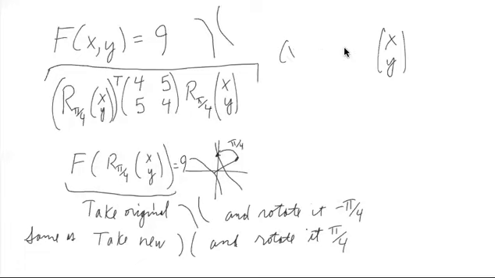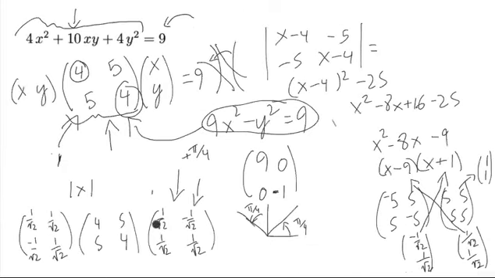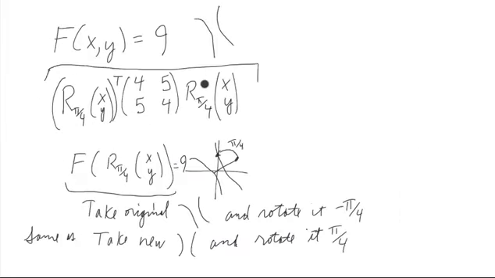Now what we're doing to the input is rotating it by pi fourths, since this matrix represents rotation by a positive pi fourths, counterclockwise. So we rotate the input pi fourths, and that's what we're doing here. So the effect on the graph is that the solutions of this function equal to 9 are pi fourths ago, meaning if you go clockwise pi fourths from what the graph is.